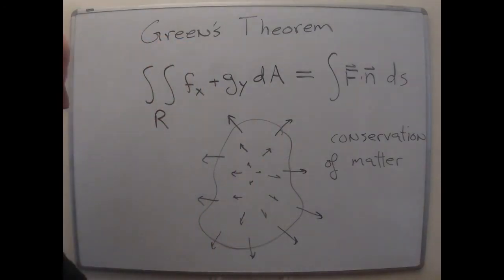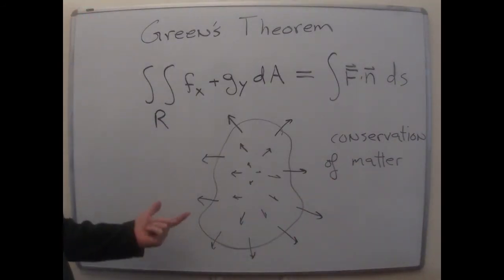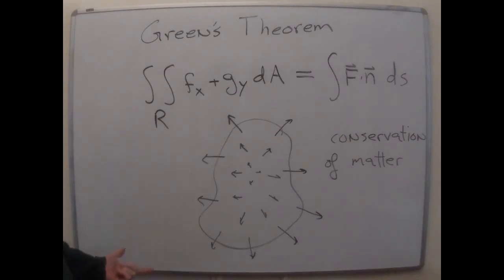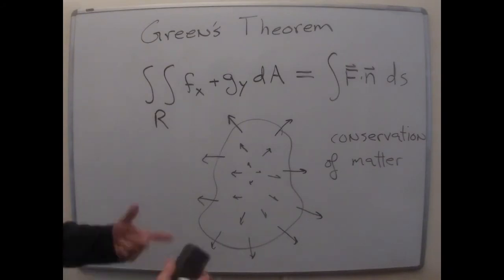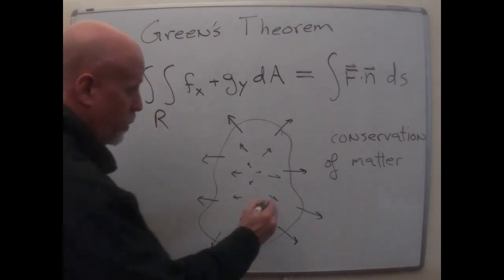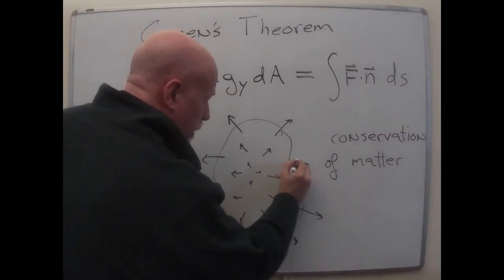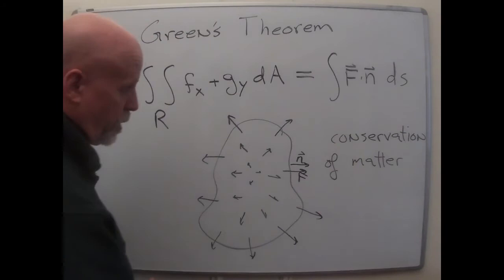I'm running out of energy, but there's definitely flow across the boundary everywhere. This line integral is large, and in that case, if matter is conserved, you have to be asking yourself, where is this matter coming from? That's all this flow that's going across the boundary, lining up with our normal vectors. We'll have a little n there and an f here. Those dot together and give you some positive quantity.